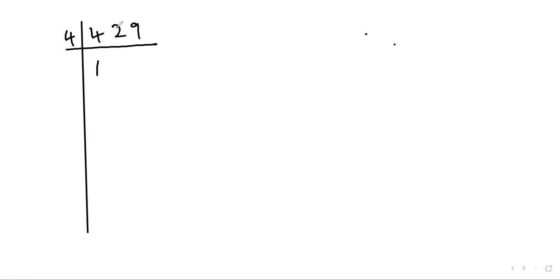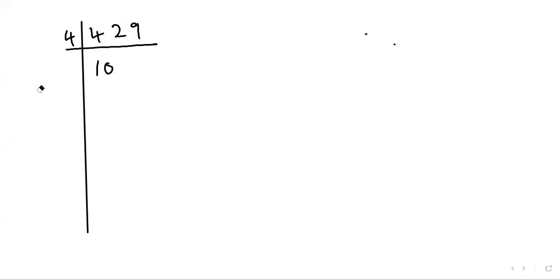And then 4 divide 2 cannot. You put 0 here, and then combine 2 with 9, so it becomes 29.